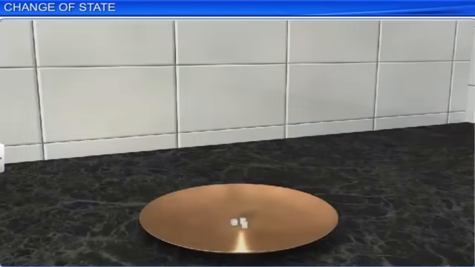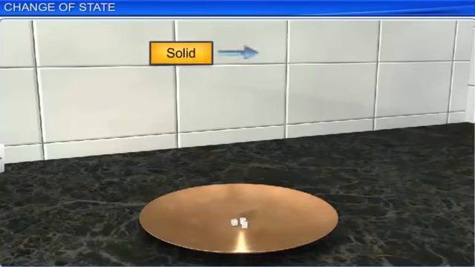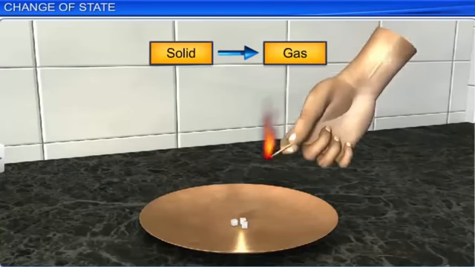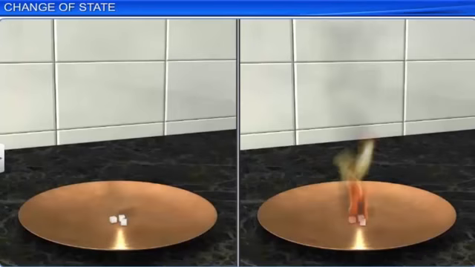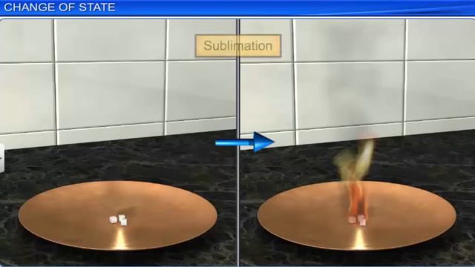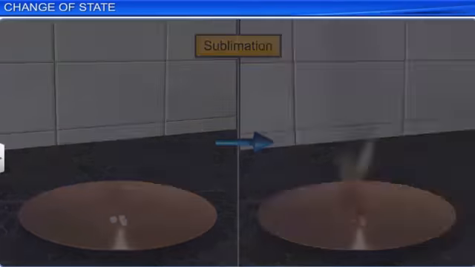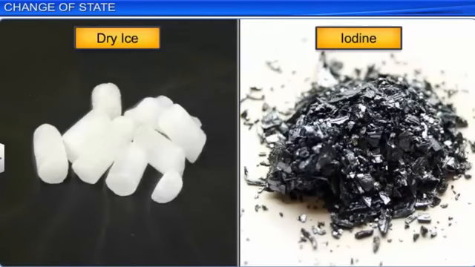There are certain substances which change from the solid to gaseous state directly. This phenomenon is called sublimation. Dry ice and iodine are some examples of such substances.